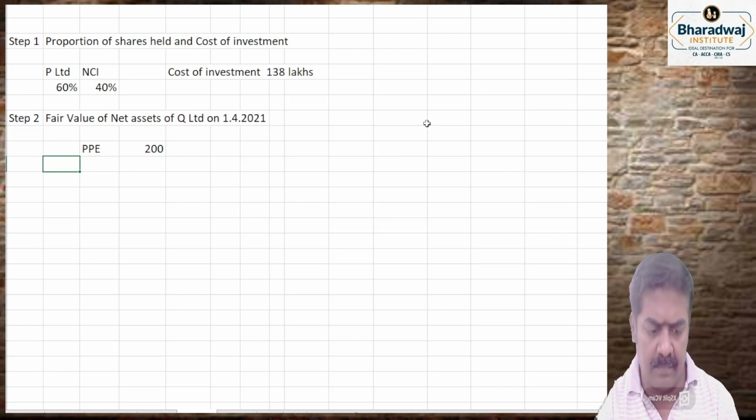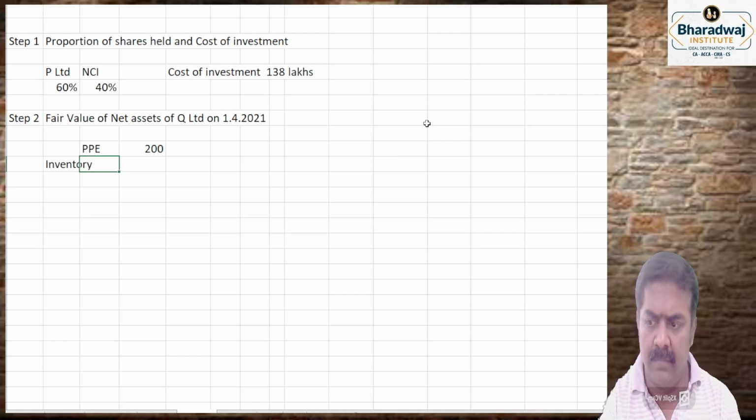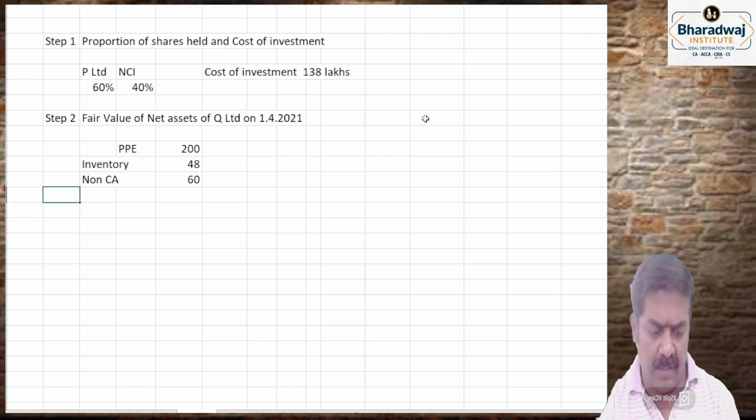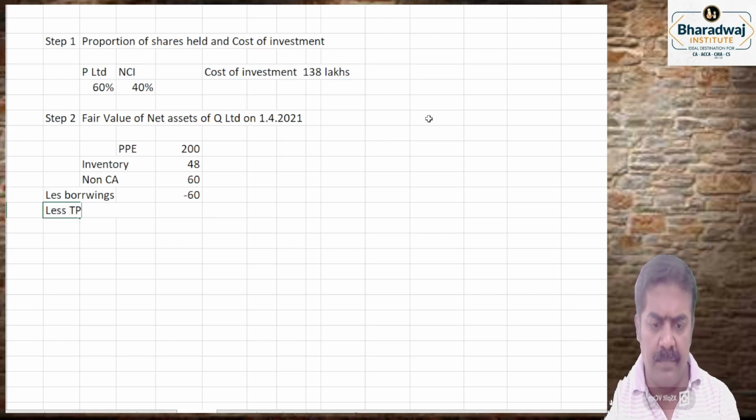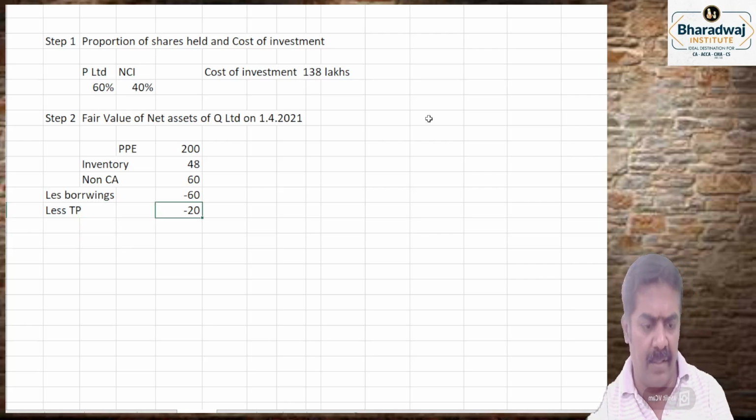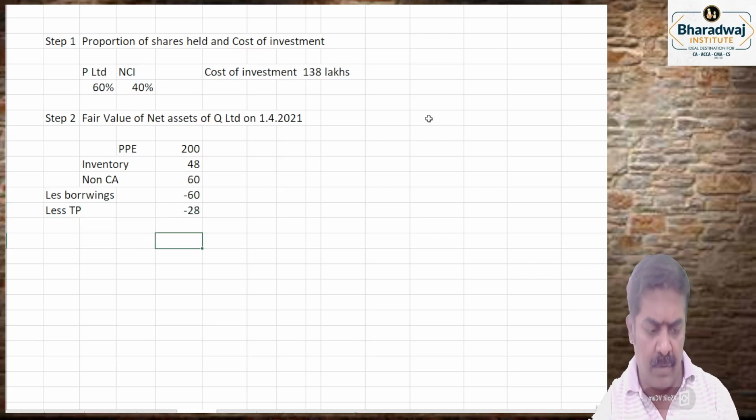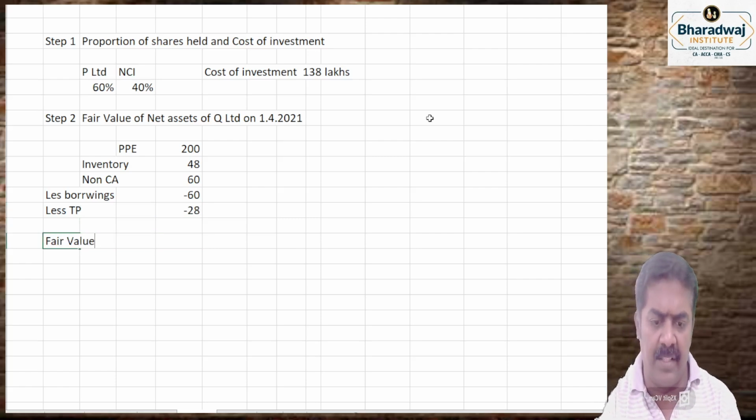Inventory. Other non-current assets 60. Less, what else? Borrowings 60. Trade payables 20. That will give us the fair value of net assets. How much?